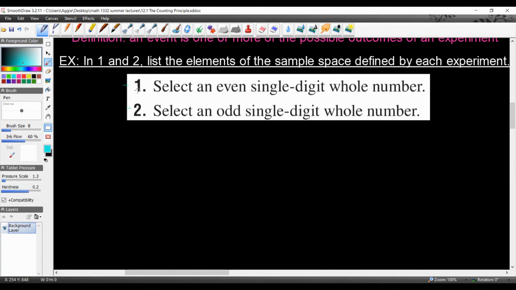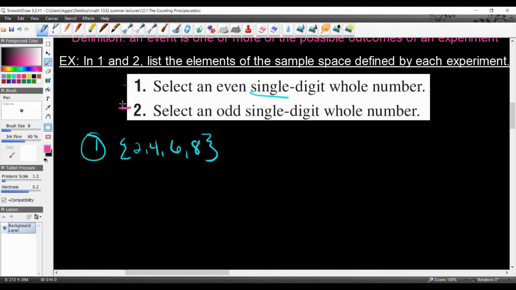So for number 1, we would have even numbers, so 0 to, actually no, 0 wouldn't count, so it would just be 2, my bad. So 2, 4, 6, 8, and that's it, because they want it to be a single digit, so if I go past that, it's already a double digit. Okay, so that's it for number 1.